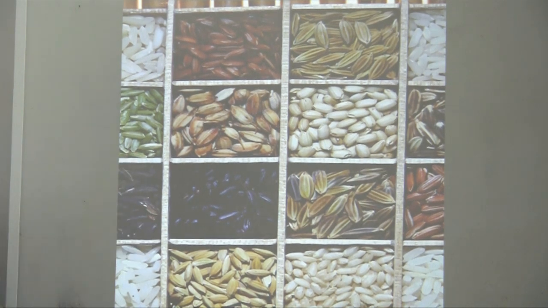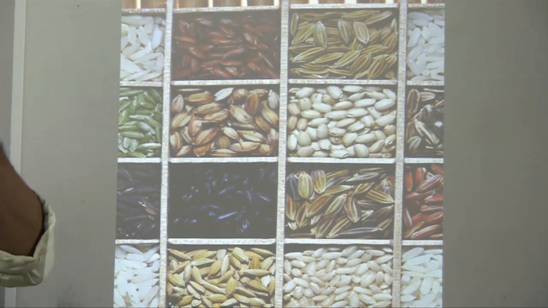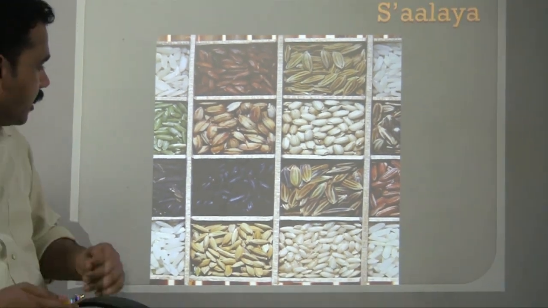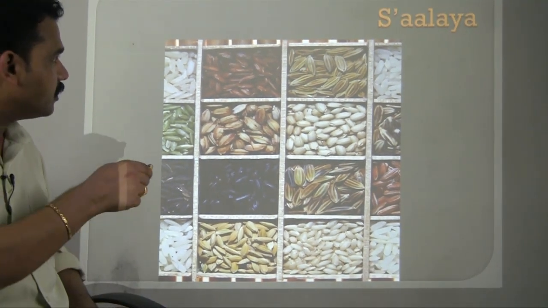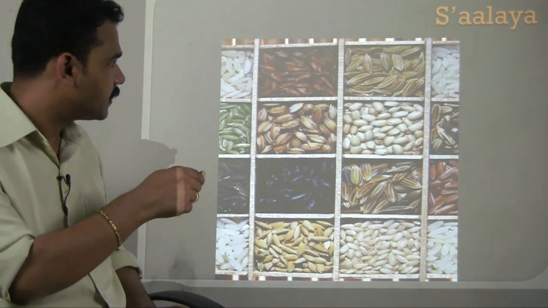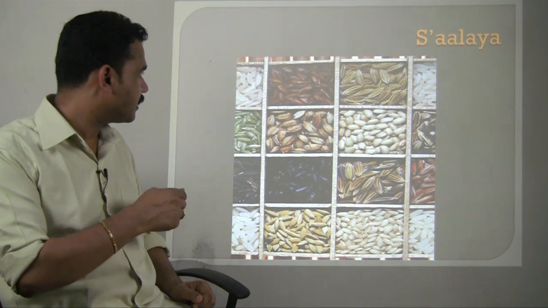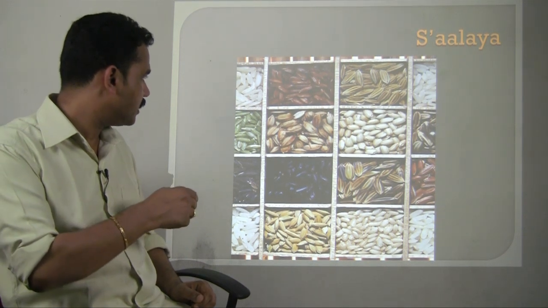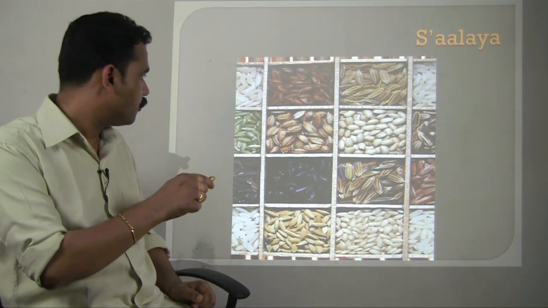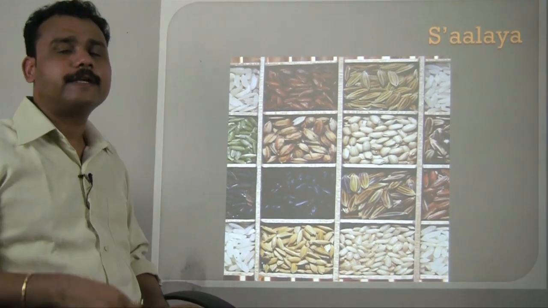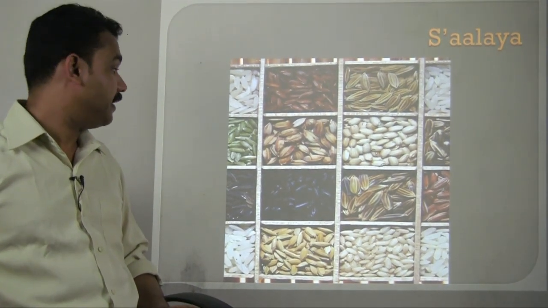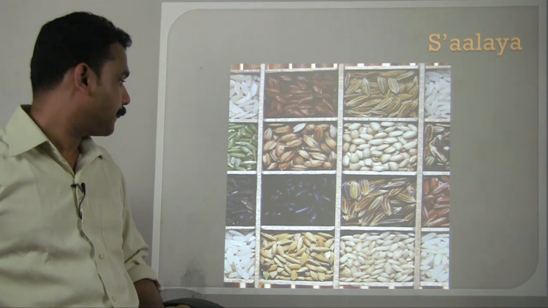It is important to tell you that this is with husk. This is also with husk, and other grains, this is also with husk. The others are dehusked forms of rices or paddies being shown there.